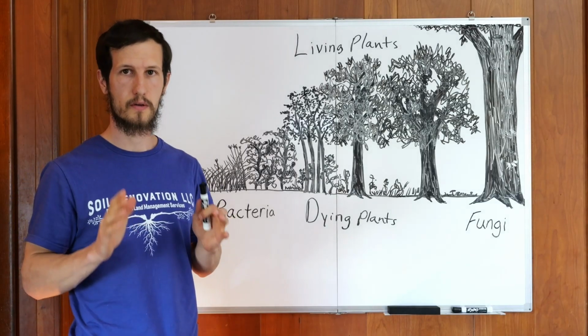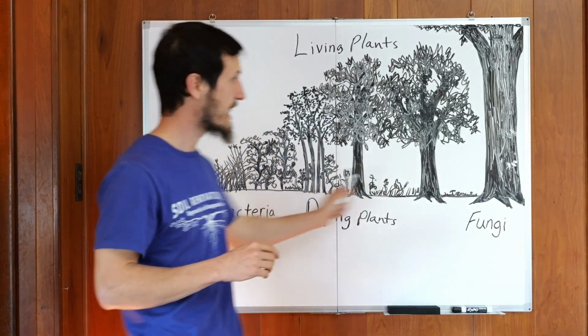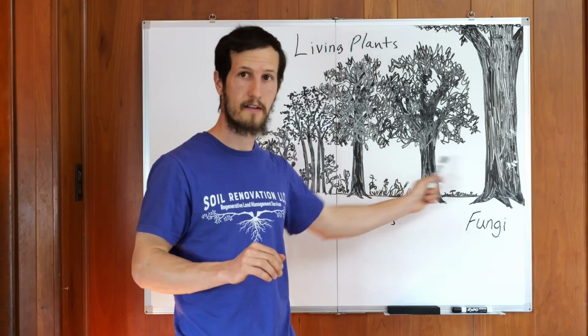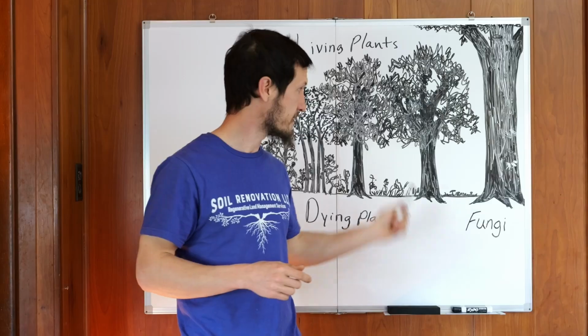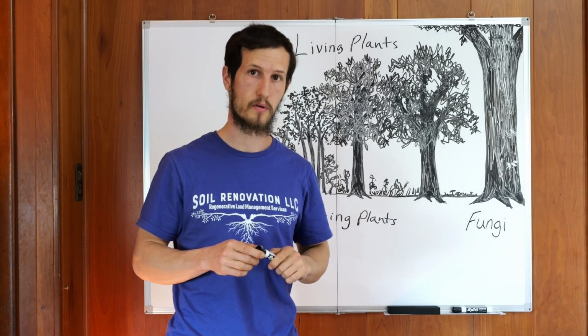It's important to understand that not all successional peaks, or for that matter, any stage in succession, is created equal. I've been in forests in these upper stages of succession that had almost no topsoil.